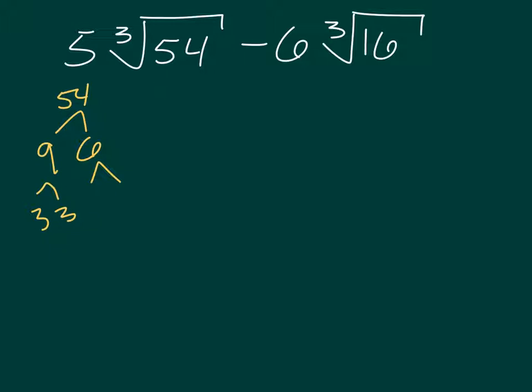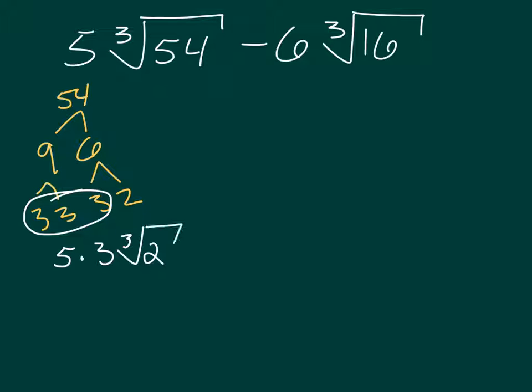What about 6? 3 and 2. Okay, and so we're looking for groups of 3, so here's a group of 3. And so just like before, those come outside, right? So right down here, so that's 5 times 3 cube root of 2. Is that okay?